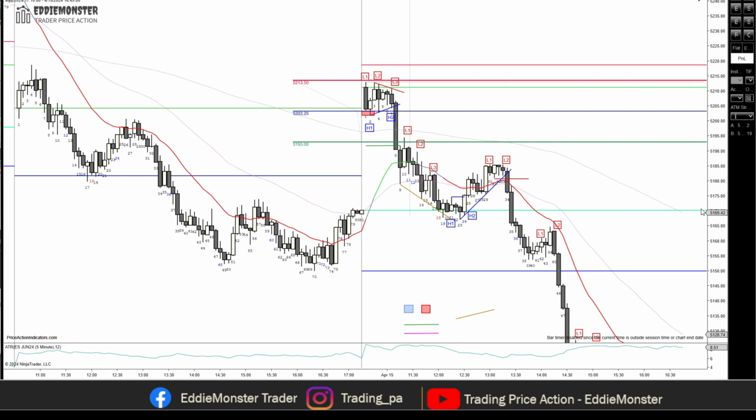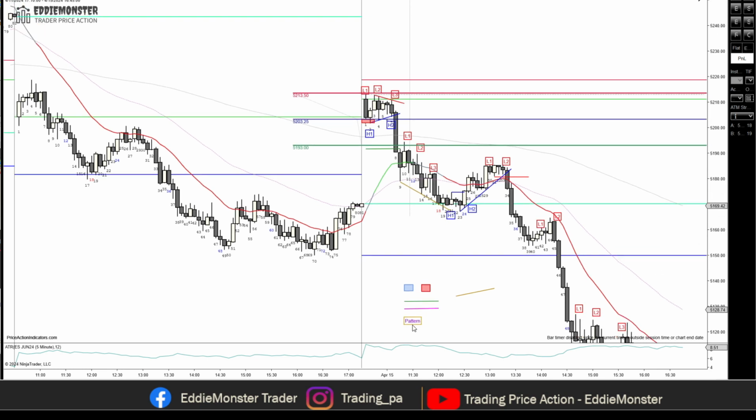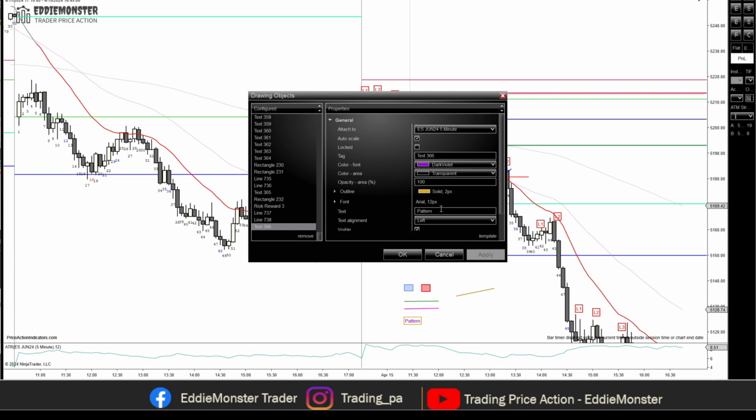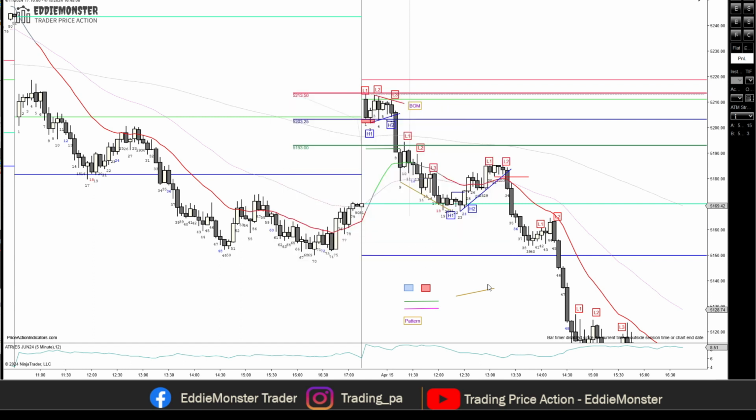The one thing that you need to really think about is that you have an L1 that failed with no follow through. It failed. So this pattern is a bull mode. But you know that it's a breakout mode, right? This is a breakout mode.